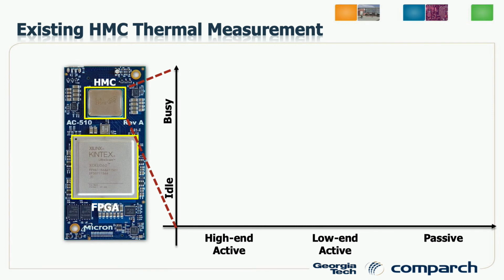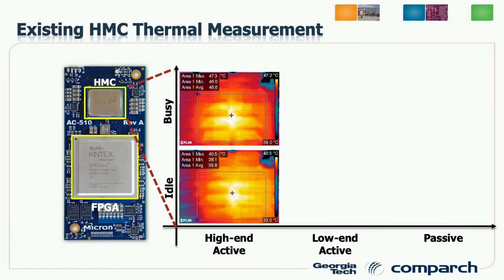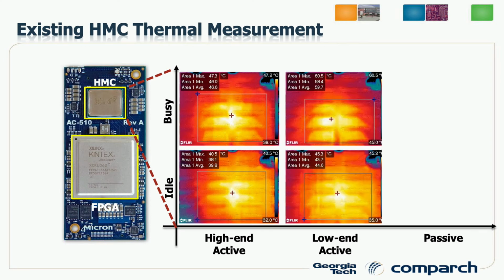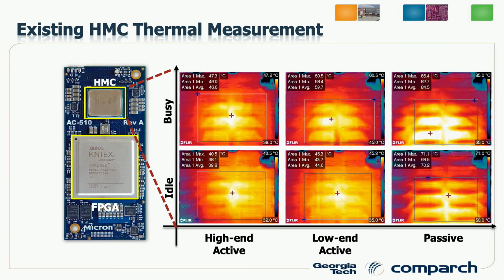So if we use a high-end active cooling, meaning we intentionally provide more cooling effect, or we don't provide enough cooling effect, then you can see the temperature differences. And what happens in this case, if we do not provide enough cooling effect, is that this HMC will shut down because it just exceeds the temperature.